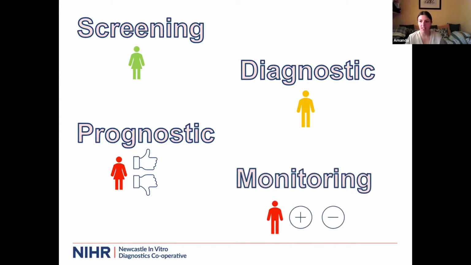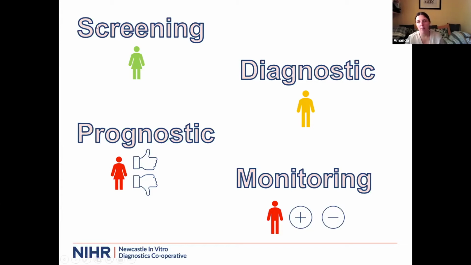And then the final and fourth category that we can think about is a monitoring test. These are tests to keep track of response to treatment or to keep tabs on a disease's progress. An example of this would be blood glucose monitoring in people with diabetes, which Rachel mentioned, or for example, therapeutic drug monitoring for people who are having chemotherapy or immunosuppressives or other drugs like that.